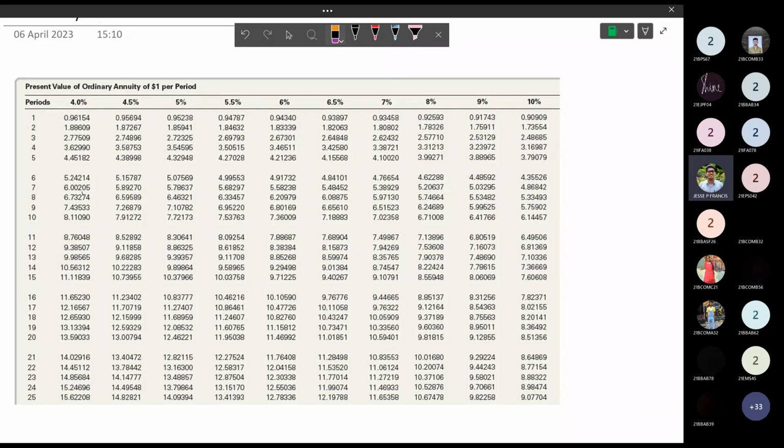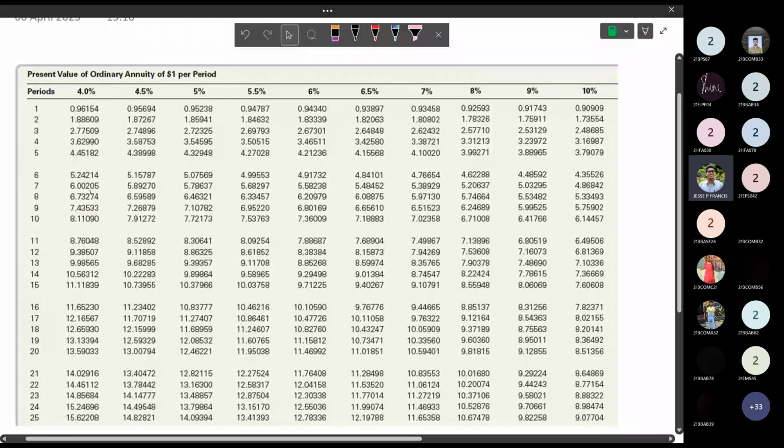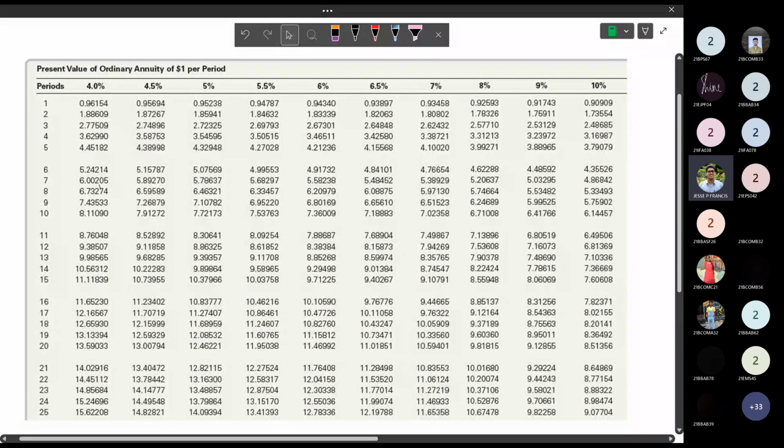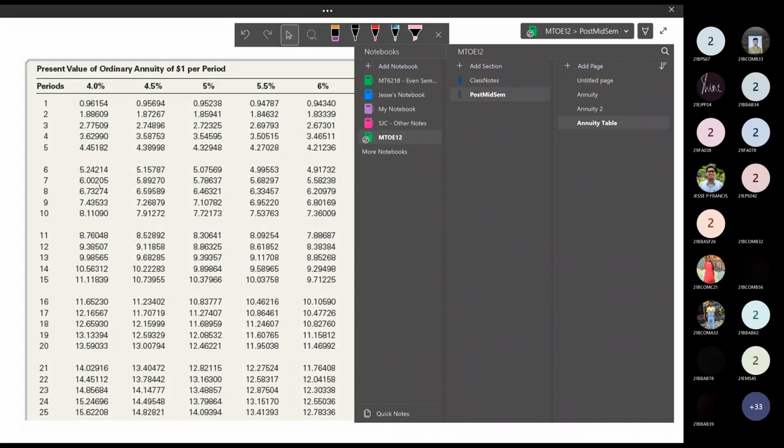You can take a screenshot if you want. Keep this table ready with you. You might need it for the calculations in future. All right.